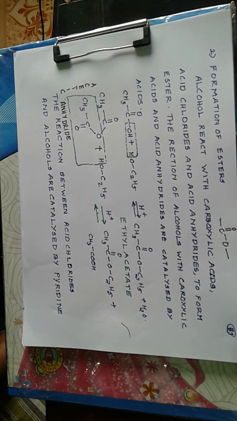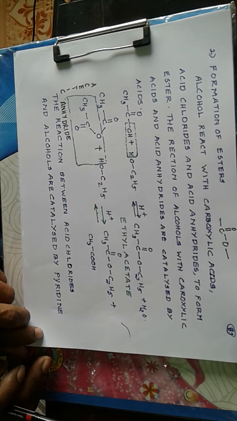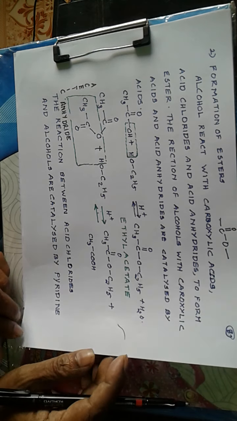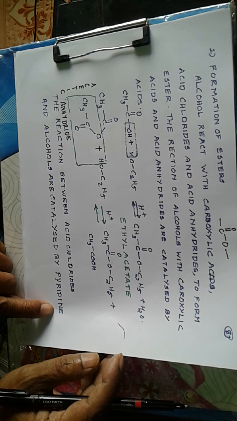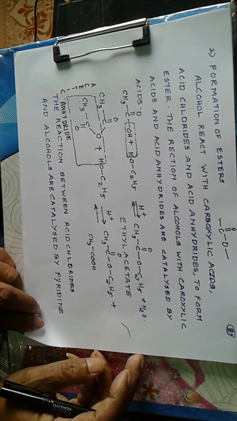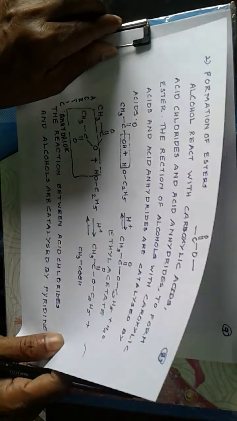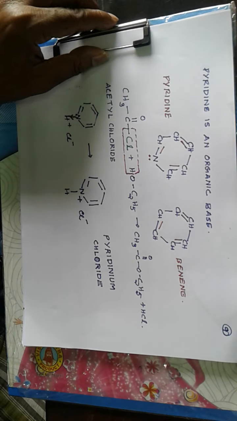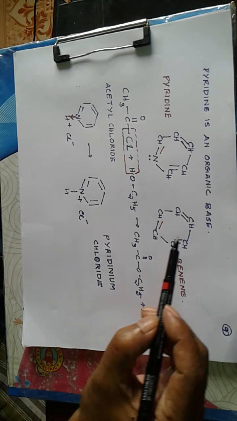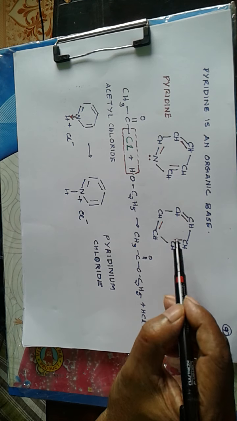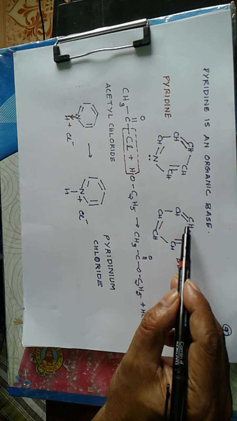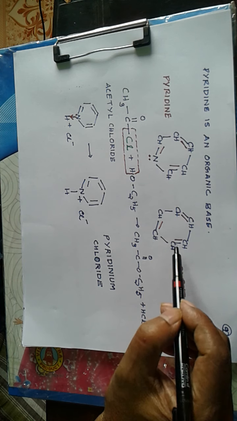Now, the reaction between acid chloride and alcohol is catalyzed by a base called pyridine. Now, pyridine is a compound similar to benzene, and benzene is this structure. All positions contain CH groups.